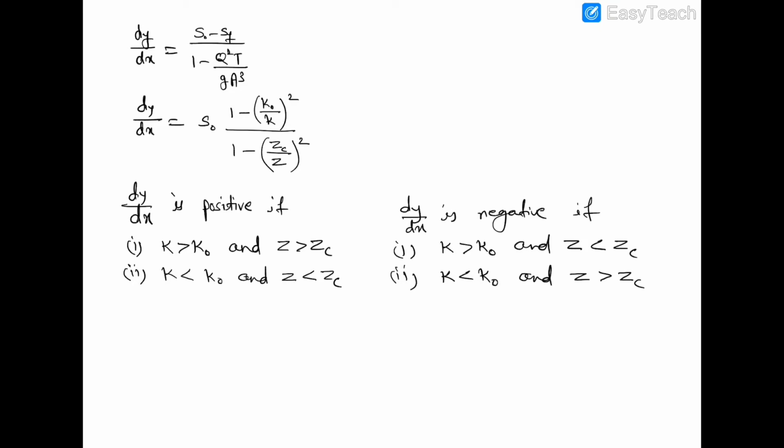So it will give you the negative value of dy upon dx. In similar way, this condition also is responsible for the negative value of dy upon dx.